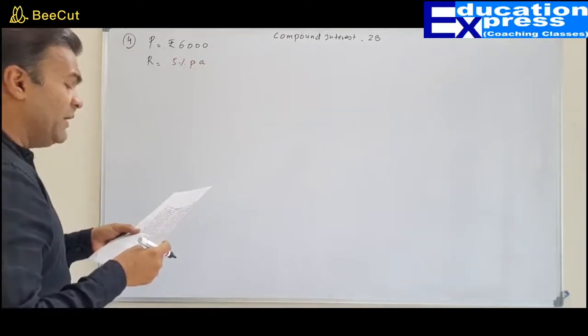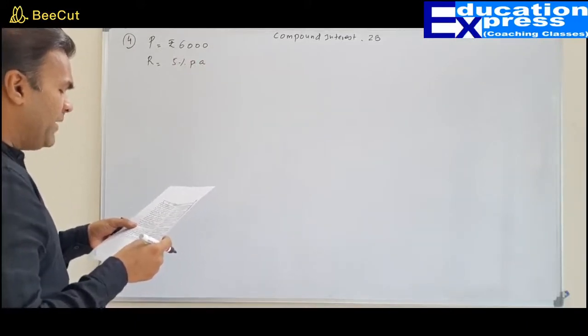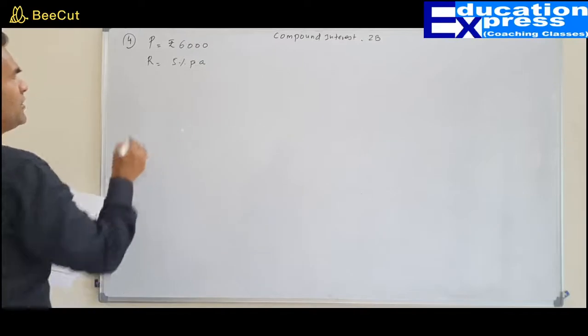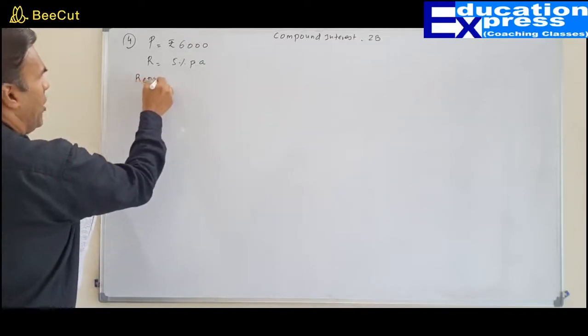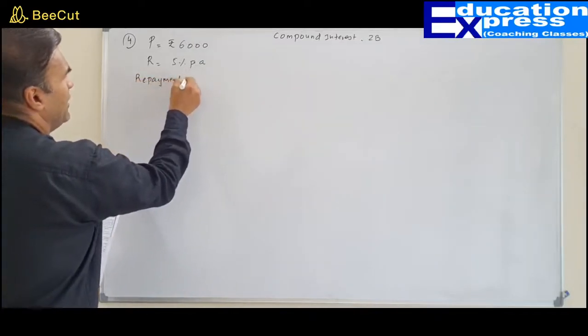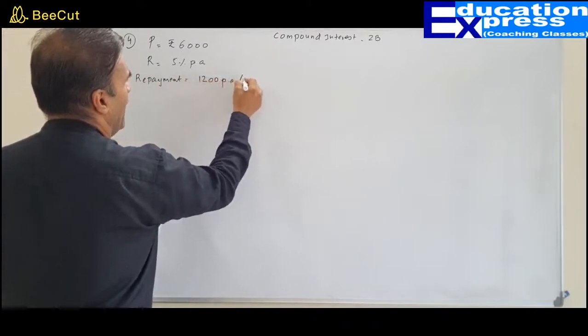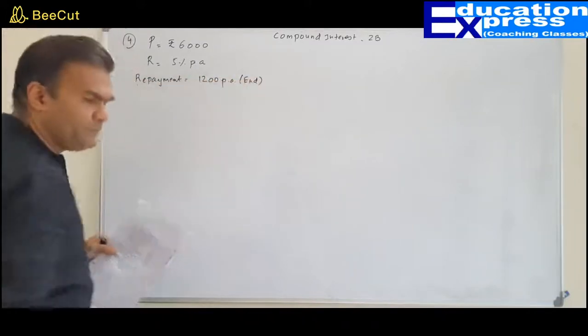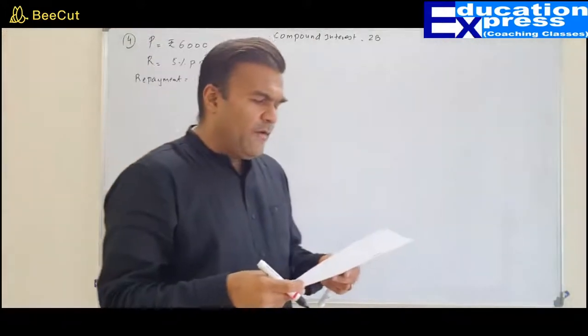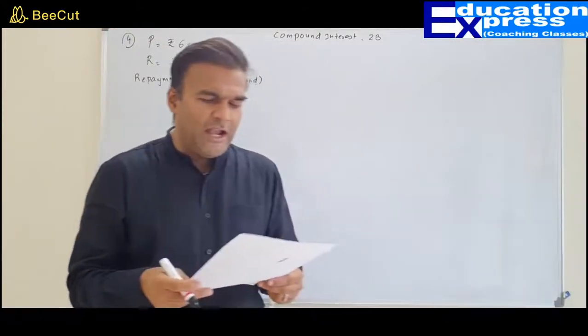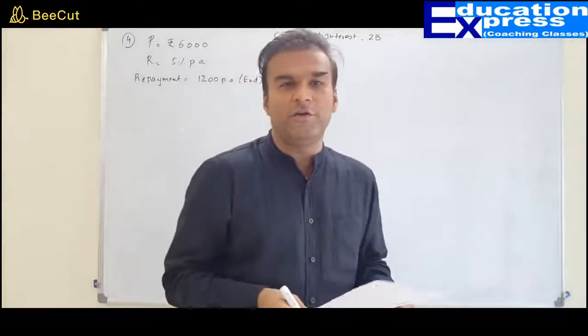He repays 1200 rupees at the end of each year. So that is a repayment. How much is the repayment? Every year he will pay 1200 rupees per annum at the end of the year. Find the amount of the loan outstanding at the beginning of the third year.